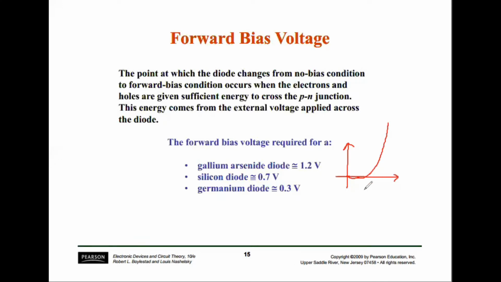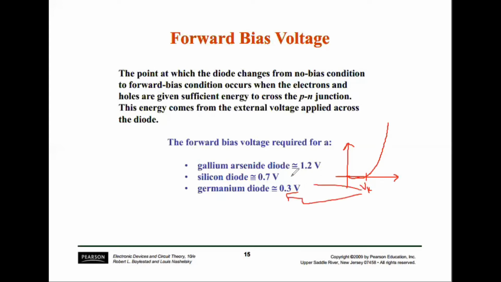Let's say this is V of K. For any diode, the voltage you are applying should surpass these values for conduction. For germanium, V of K will be 0.3 volts.